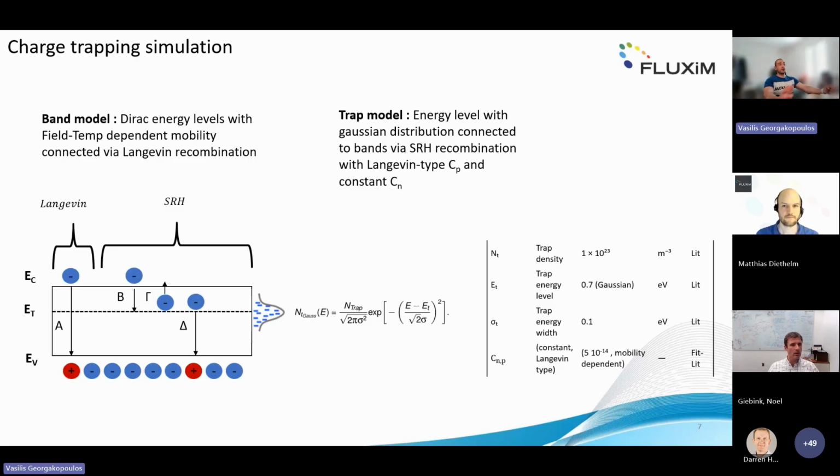For the holes, the capture coefficient is straightforward because we have a trapped electron and then a free hole, and this basically mimics a recombination event. So we can use the Langevin formula to model this effect. But then for the metastable trap that is formed and dissolves, it then needs to capture an electron.